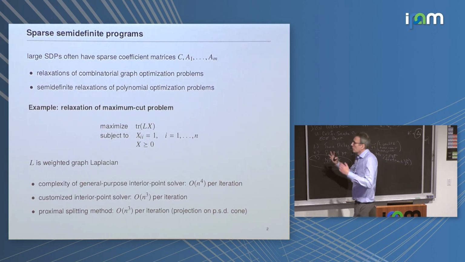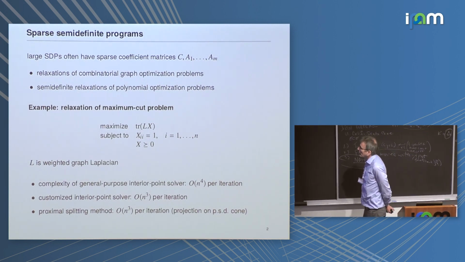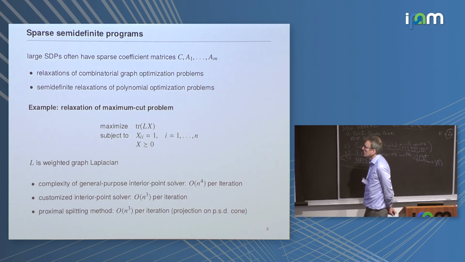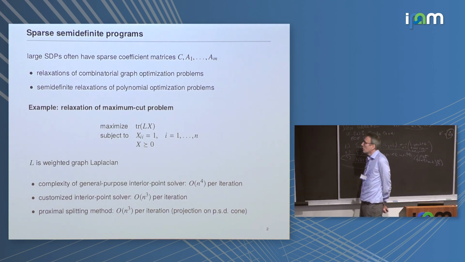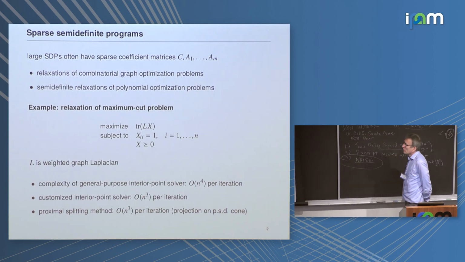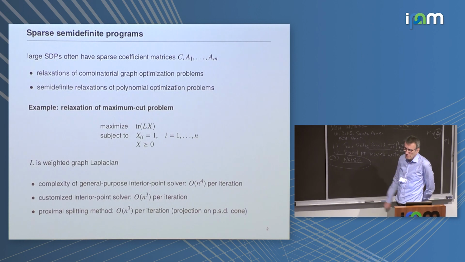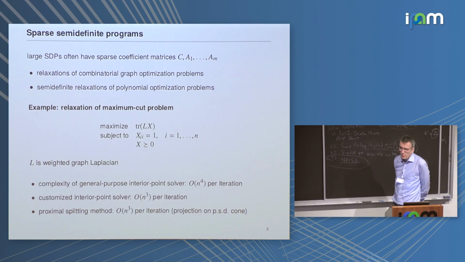But then, of course, you want to scale it to large graphs. Another application, mentioned this morning, is in polynomial optimization, where you look at sum of squares relaxations of polynomial optimization problems. Often the polynomials themselves are very sparse, the coefficients of the monomials, and that's very important because the problems get quite large quickly.